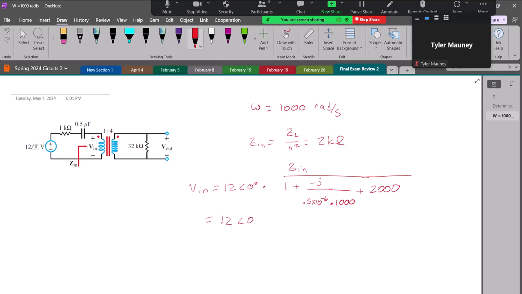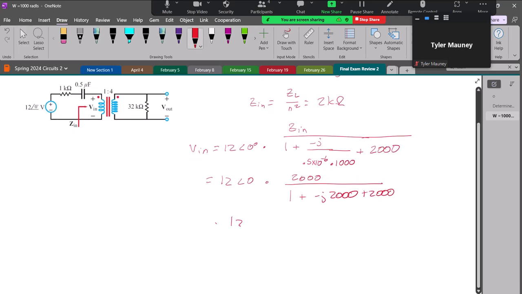Or 12 angle 0 times 2,000 over 1 plus negative j 2,000 plus 2,000, which is 12 angle 0 times 2,000 over 2,001 minus j 2,000.